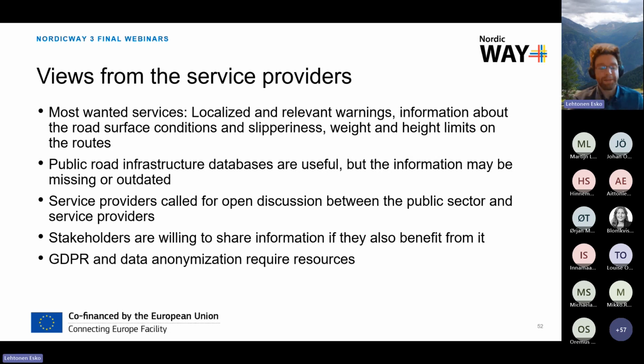So those are things which really matter for safety and for efficiency. They also indicated that public road infrastructure databases are available and useful, but the information often is missing or outdated, which makes it more difficult to provide a good service.